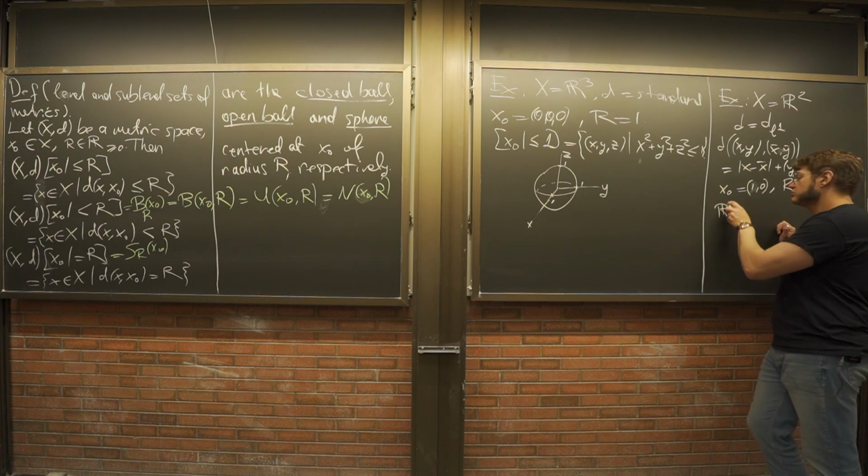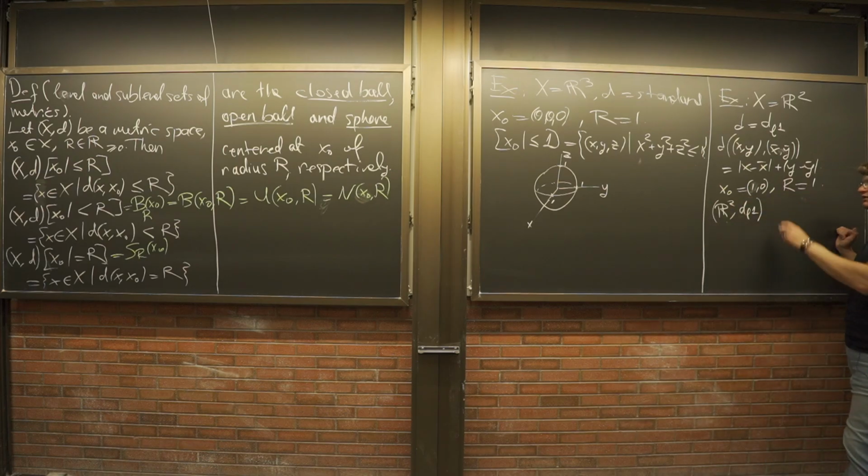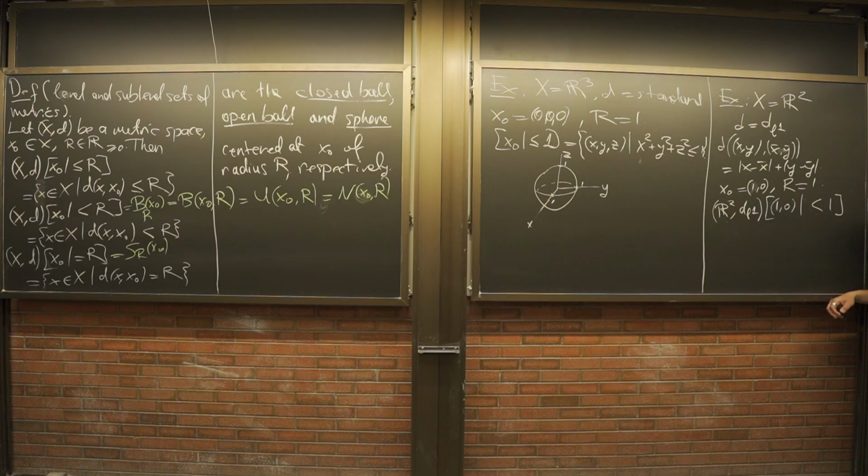R2 with respect to the L1 metric, okay, 1, 0 is the center, and then open ball of radius 1. Now I want to draw this set. It's a subset of the plane.